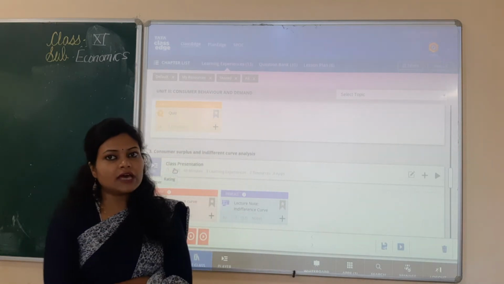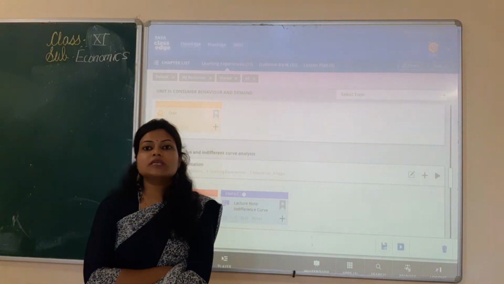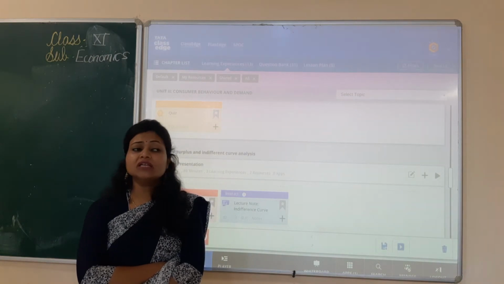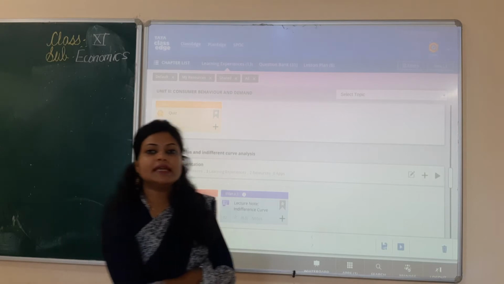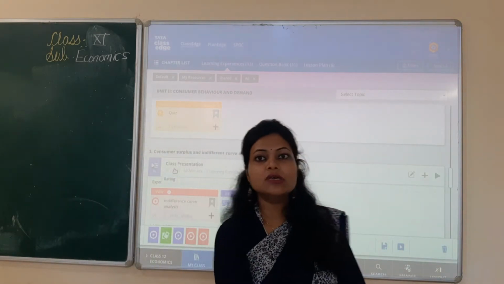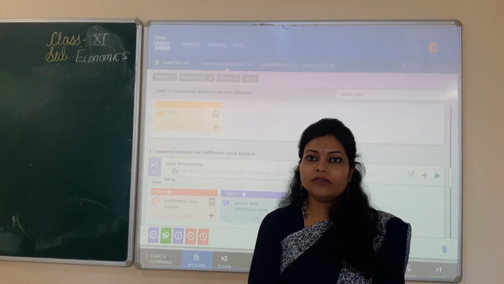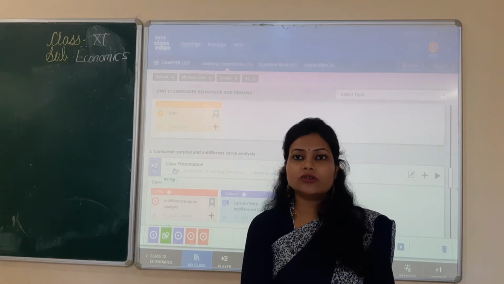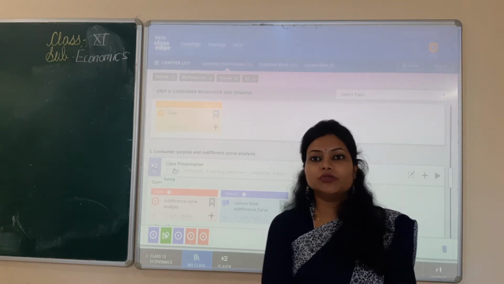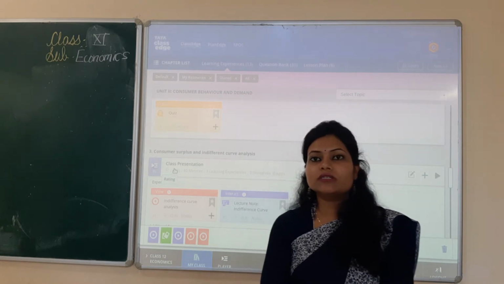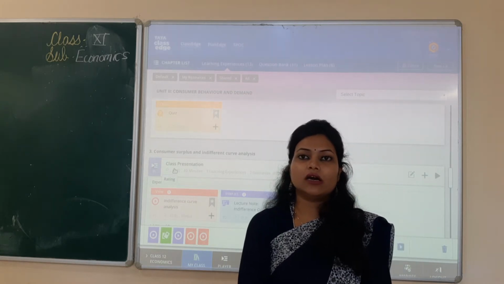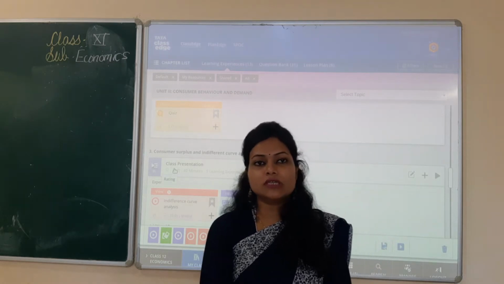Consumer's equilibrium is this: whatever money we spend, we get satisfaction from it while purchasing any goods or services, and if the goods and services we consume give us full satisfaction, then the consumer is in equilibrium.